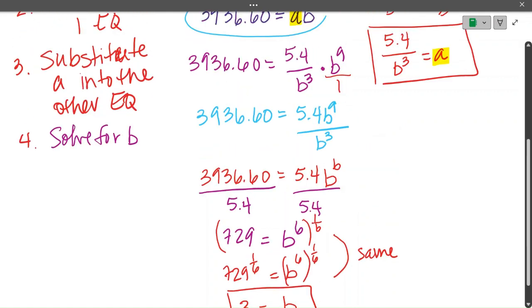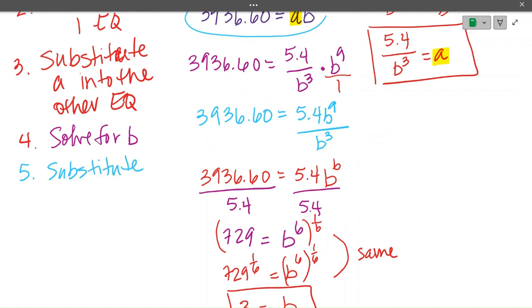Now we come back up into my equation in which I solved for a, and we're going to substitute b, which is 3 in this case, into our a equation. So that would be this equation. So I'm going to go ahead and put 5.4 divided by b was 3 cubed equals a.